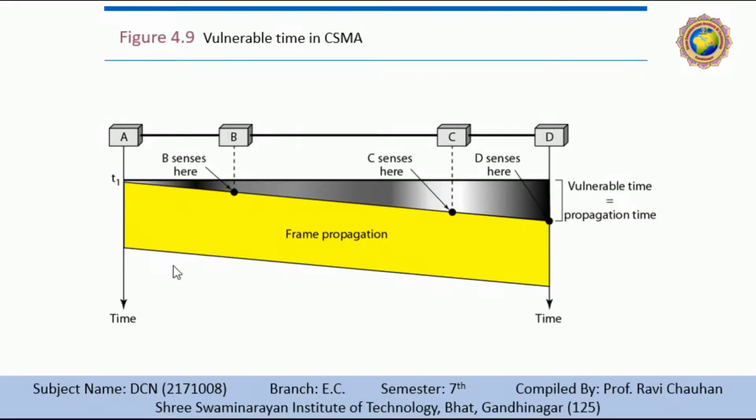But if the first bit of the frame reaches the end of the medium, every station will already have heard the bit and will refrain from sending. Our figure shows the worst case, when the leftmost station A sends a frame at T1, which reaches the rightmost station D at time T1 plus Tp. The gray area shows the vulnerable area in time and space. So this is the vulnerable time, or propagation time.